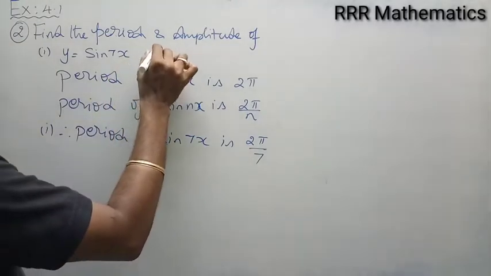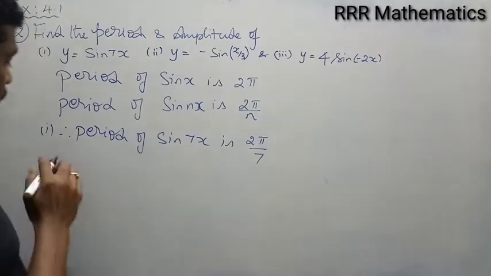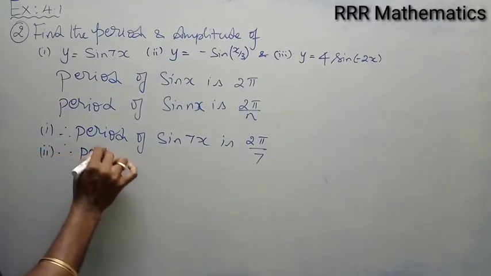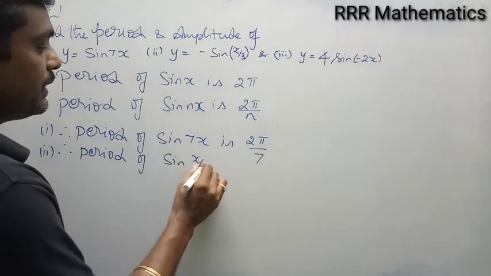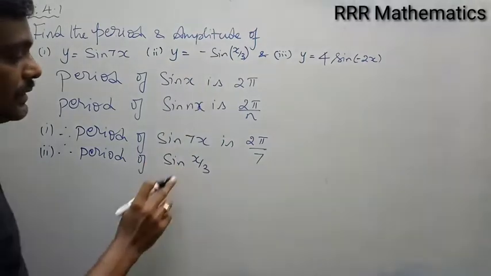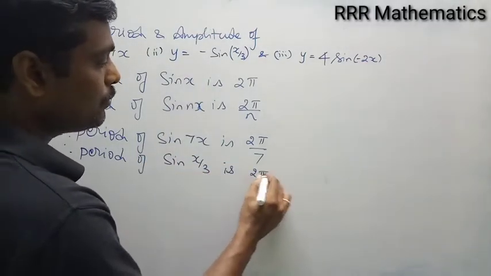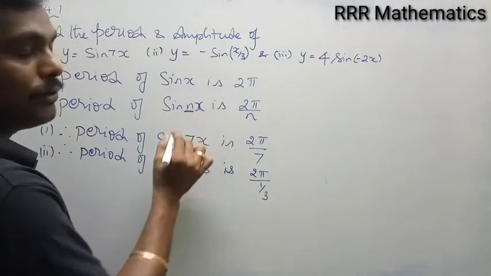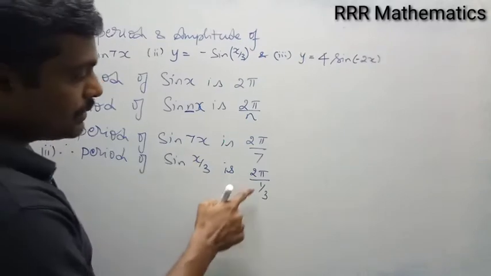Here the second option is y equal to minus sine x by 3. So for this one, the period of sine x by 3, don't consider the minus, is very simple: 2 pi, just divide by this n. Here the x coefficient is n, which is 1 by 3. So I want to divide.